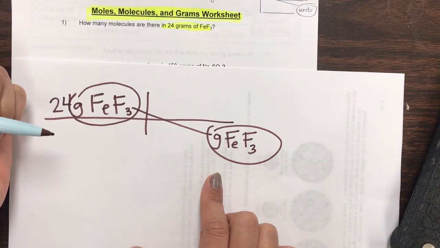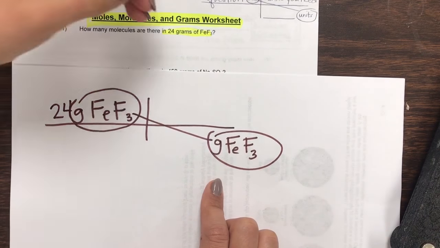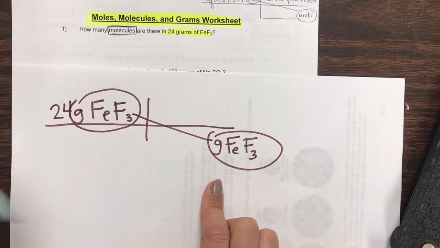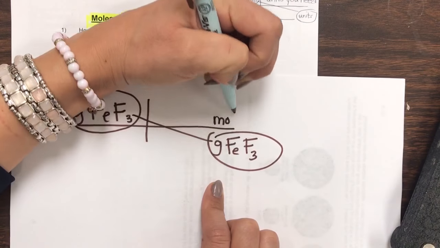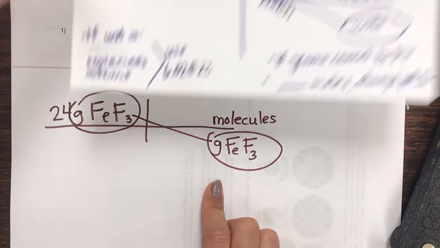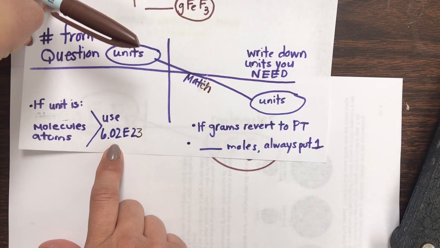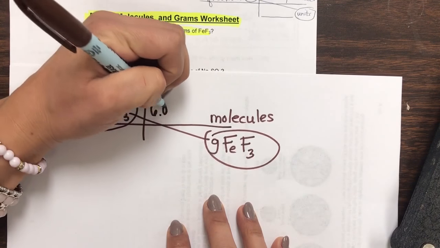Okay, and then on your top right-hand corner you write down the units that you need. So I'm going to box the units that I need, which I said always comes after how many. So what I'm looking for is molecules in this problem. Also in our notes, it says if you use molecules, you use Avogadro's number. So I would put Avogadro's number here.